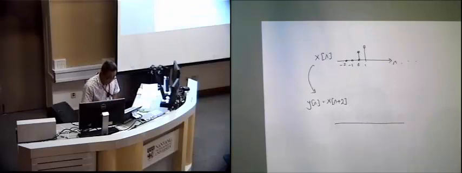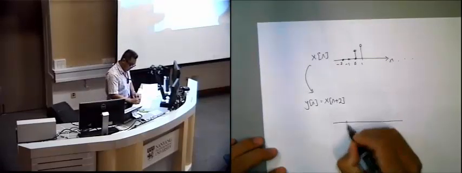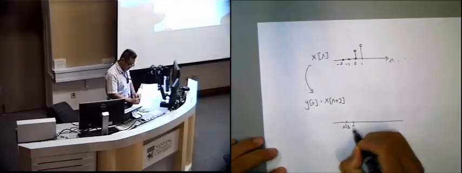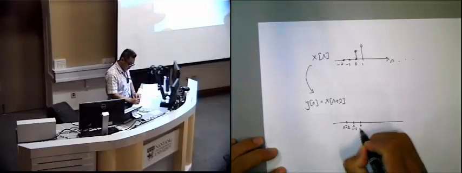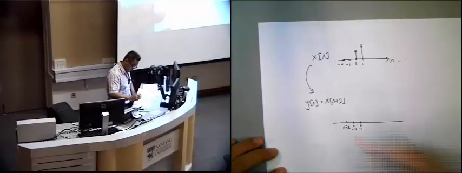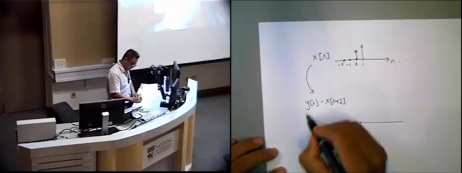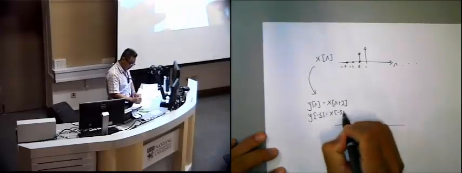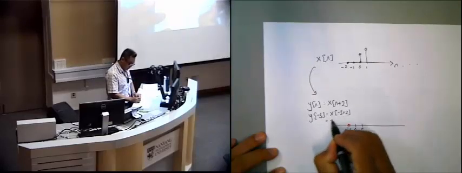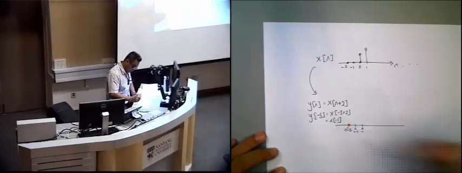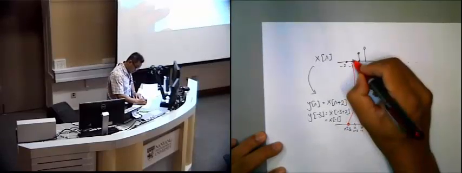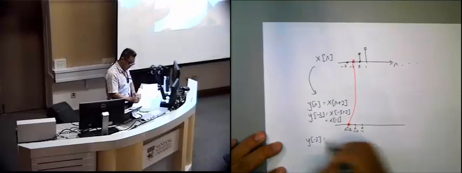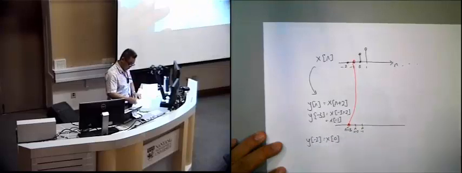So what does it mean? It means that at time n equals minus 3, n equals minus 2, n equals minus 1, at n equals minus 3, we are using y of minus 3 equals x of minus 3 plus 2, which equals x of minus 1. So this value is this value here. y of minus 2 is therefore x of 0.